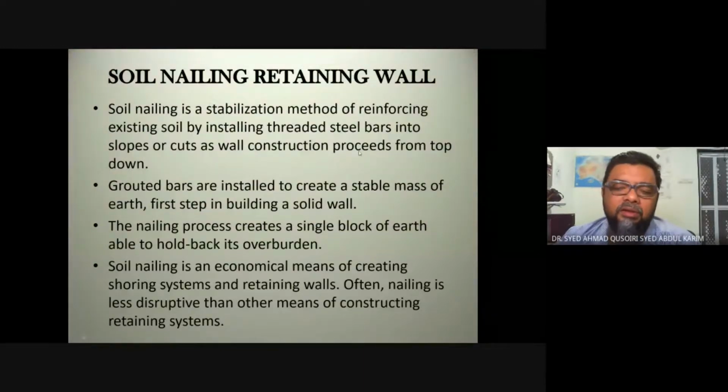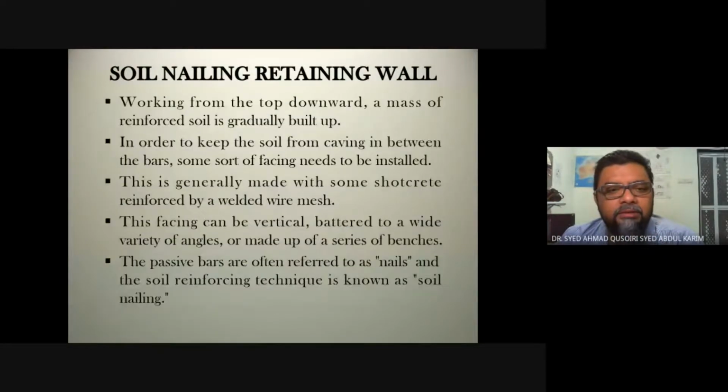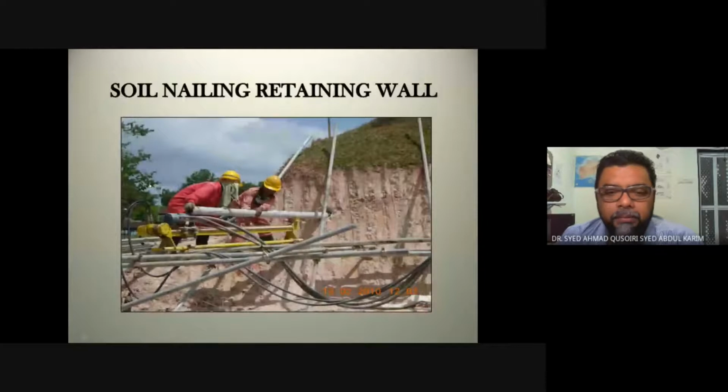These steel bars are known as ground anchors. So this is the example there.